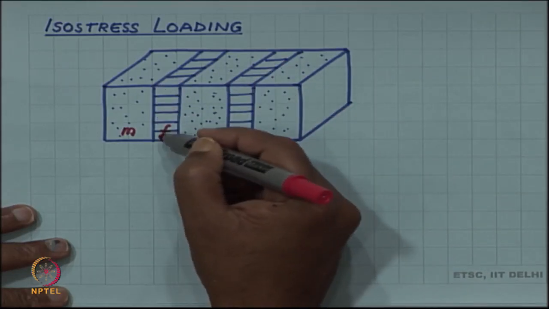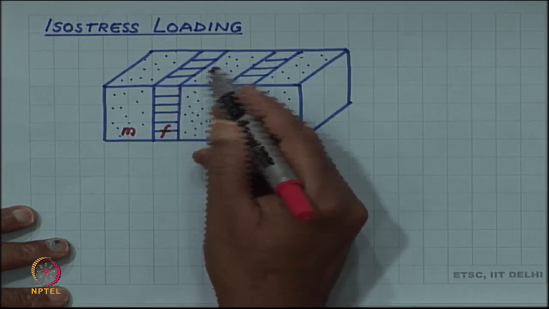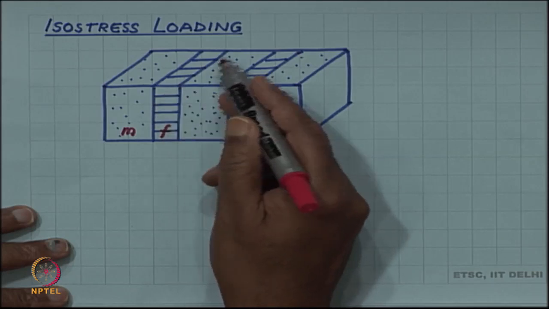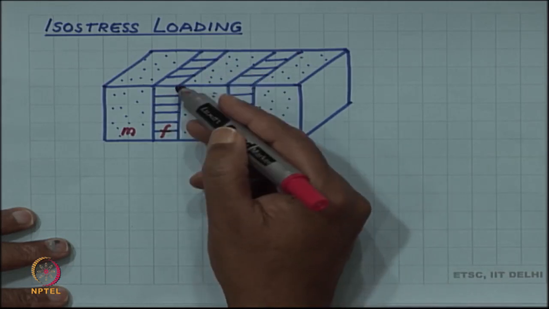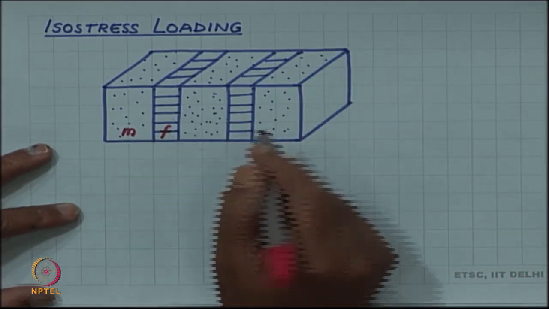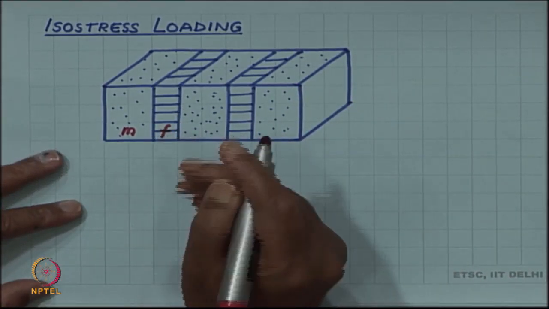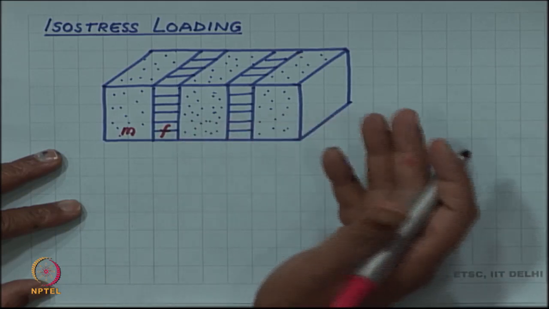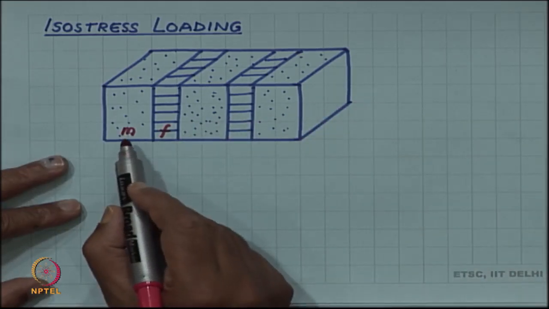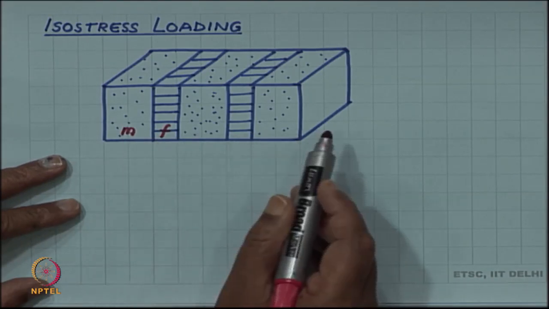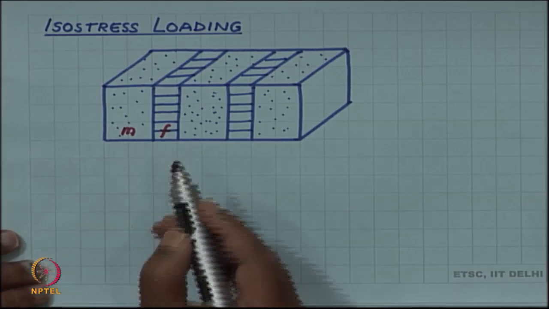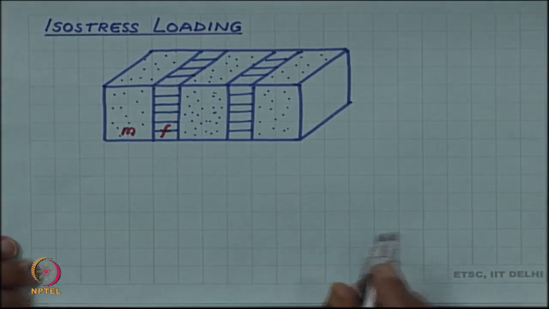F is being used as a symbol for this, but you should understand that this is now a slice of the sandwich, a lamella or a plate, and is not a fiber, but we are using F for representing reinforcement. Similarly, M the matrix is no more continuous here; the matrix also is coming as a slice and is discontinuous.